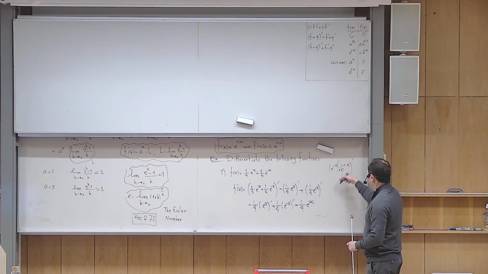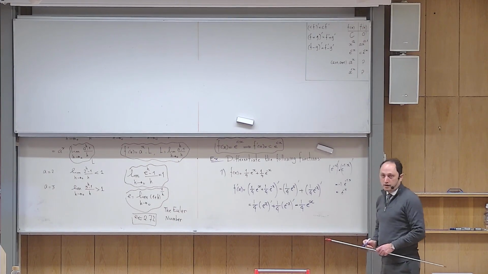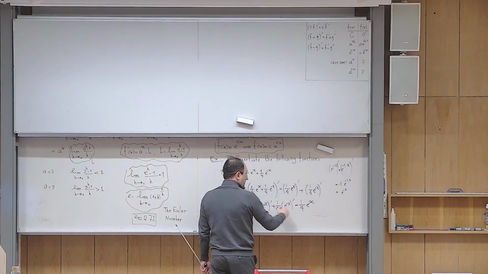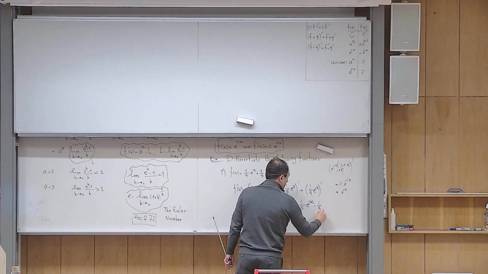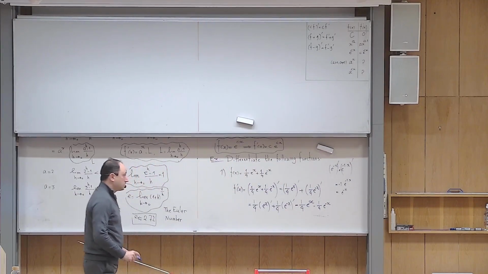So minus 1 goes down, and the function repeats itself. But no one writes like that. An easier way to write it is just minus e^(-x). So this minus sign that goes down, I will take it out. So this becomes this. Is that clear?